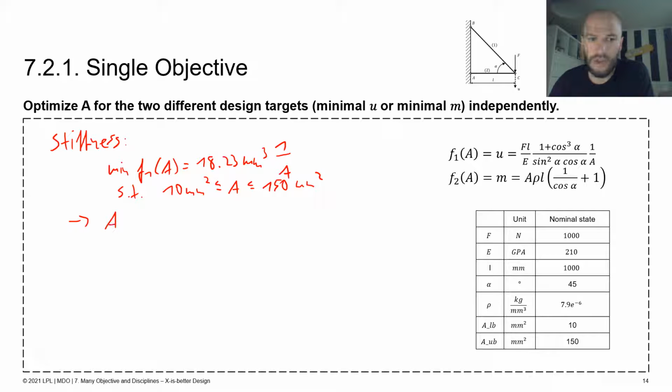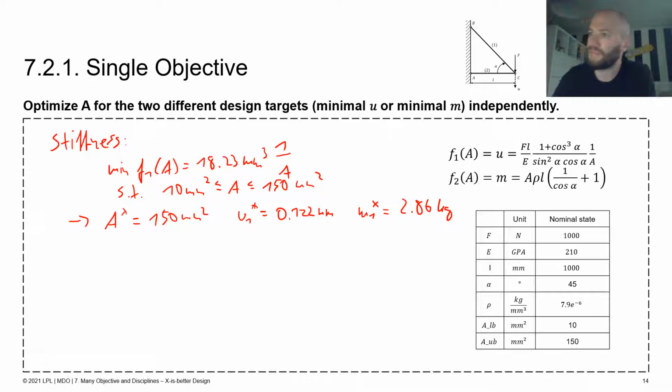So the cross-section area is 150 square millimeters, so that's the upper bound, and the displacement can also be calculated with that, which is 0.122 millimeters, as well as the mass with the cross-section area, which is 2.86 kilograms.